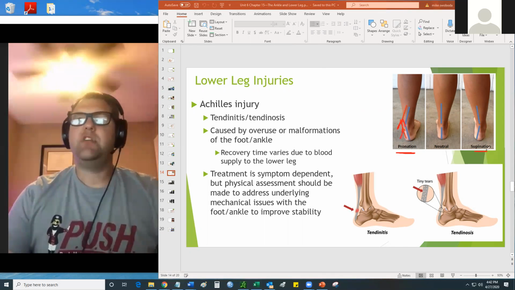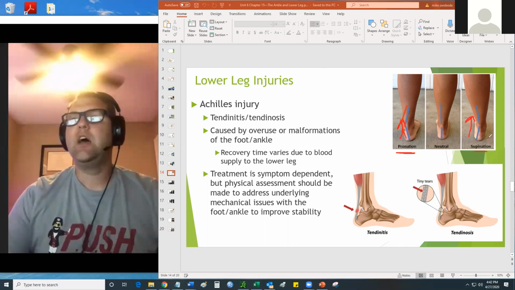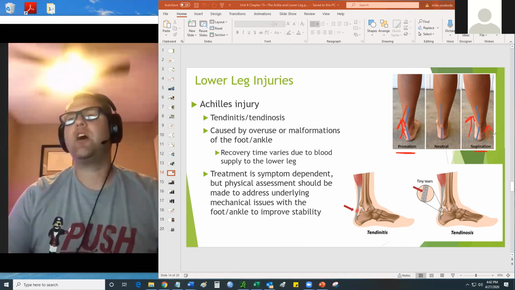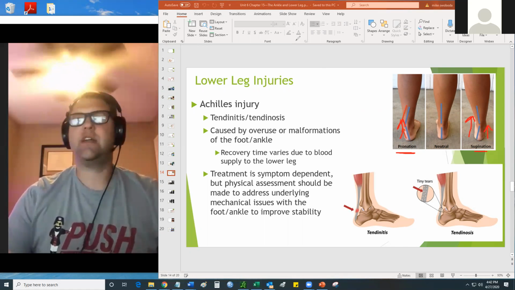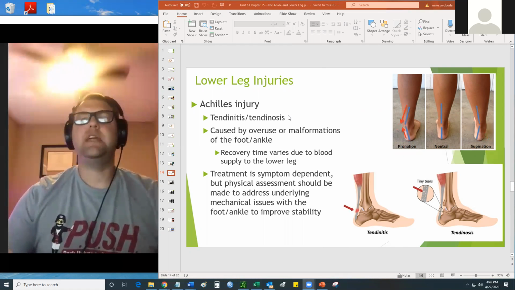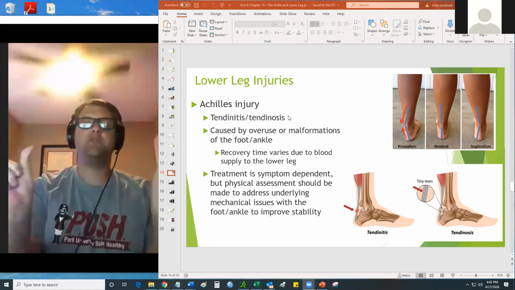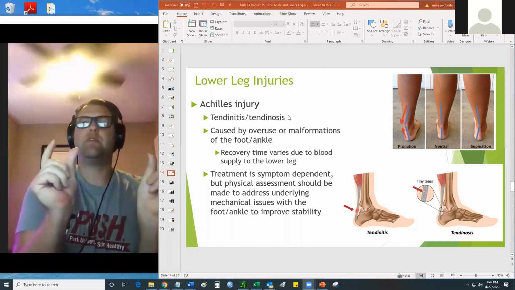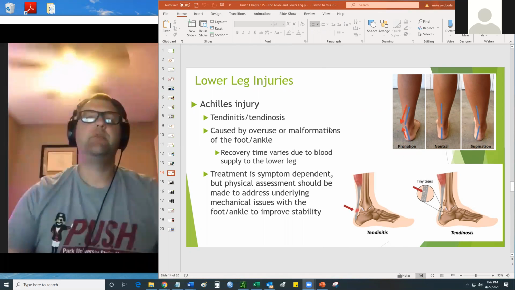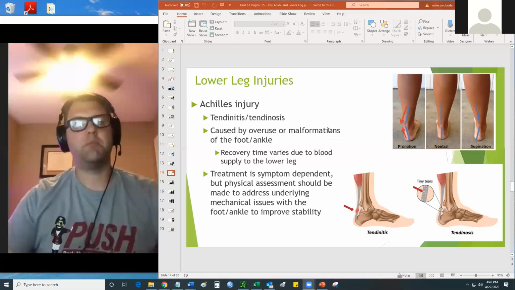If you have too much supination, meaning that your arches are too high, you want to typically get more support on the outside or the lateral side of your foot. Both of these, so if you have your foot going too far or your ankles going too far in either direction, it puts more strain on your Achilles tendon. That's the big problem with it.